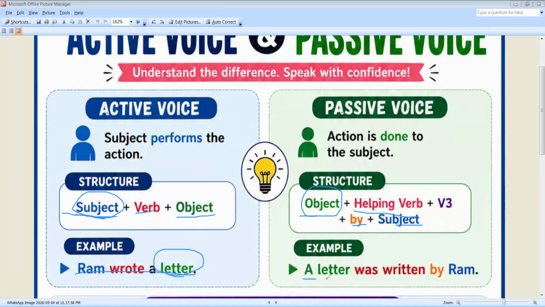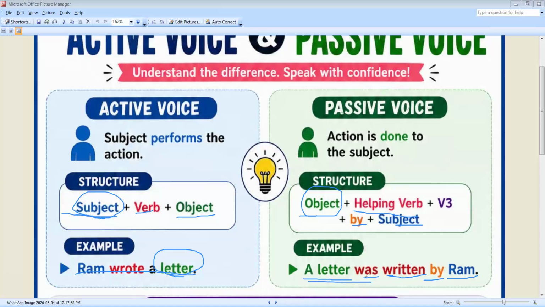The helping verb is was, and the v3 form: write, wrote, written. Written is the v3 form, then by the subject, by whom, that is Ram. A letter was written by Ram. This is the best example for passive voice.